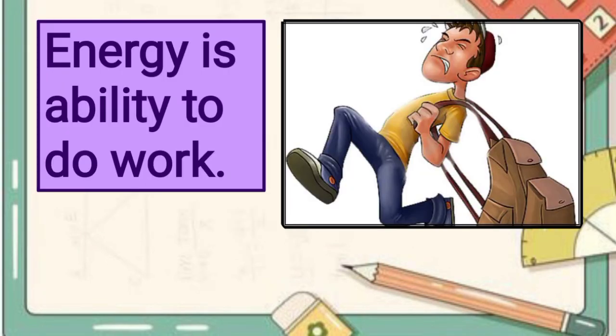Now let's understand about energy and its sources. Energy is the ability to do work. We need energy to do everything, right from basic activities such as walking, reading and talking, to difficult tasks such as lifting, carrying and climbing.